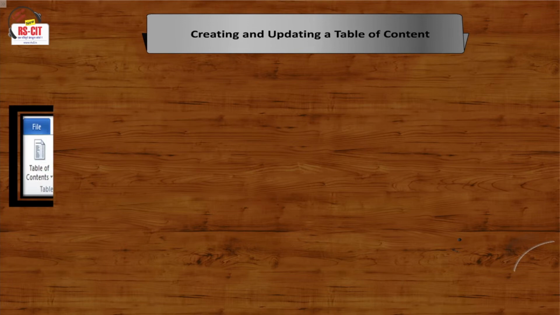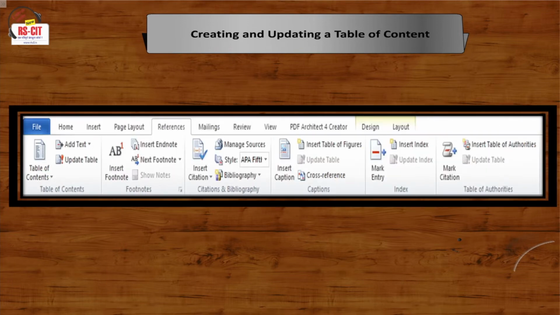Table of contents. Creating or updating a table of contents. You create a table of contents by applying heading styles, for example, Heading 1, Heading 2 and Heading 3, to the text that you want to include in the table of contents.